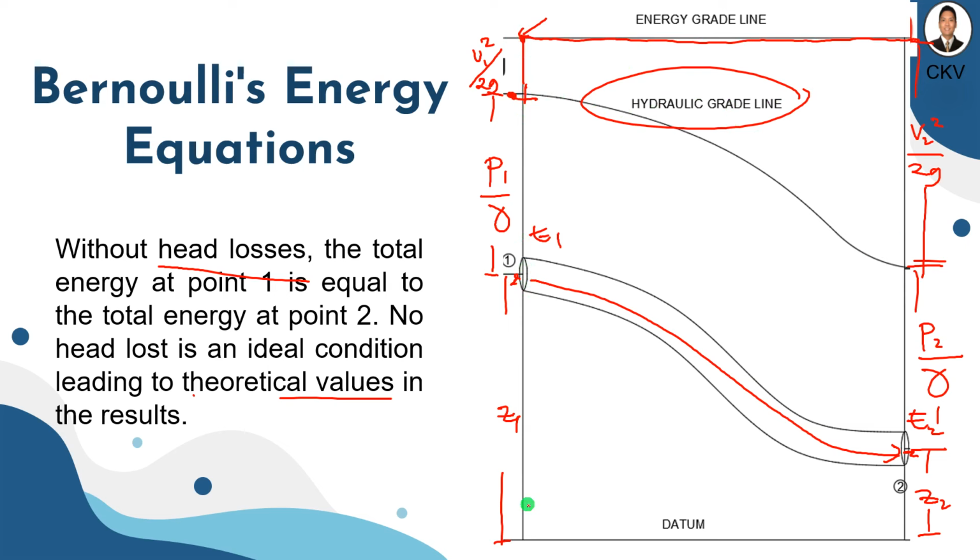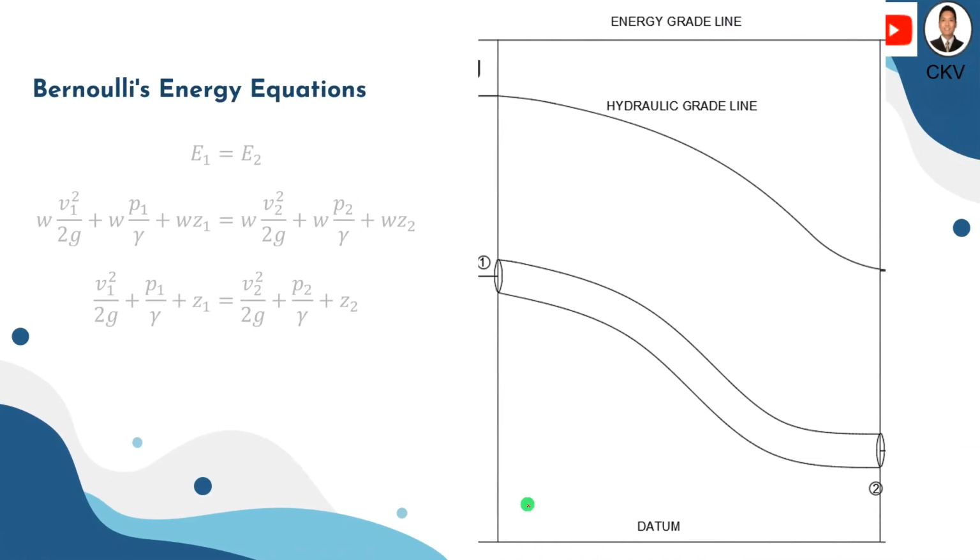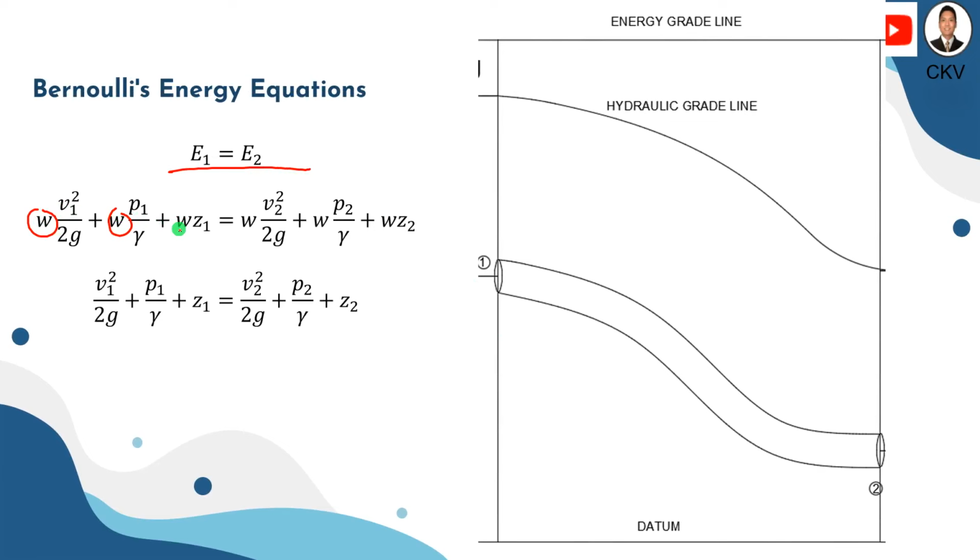So if we are going to make an equation using the Bernoulli's energy theorem, we have E1 equals E2. Again, if we include W for pressure, velocity, and elevation energy, this will just be cancelled out because all the terms have W, have weight.